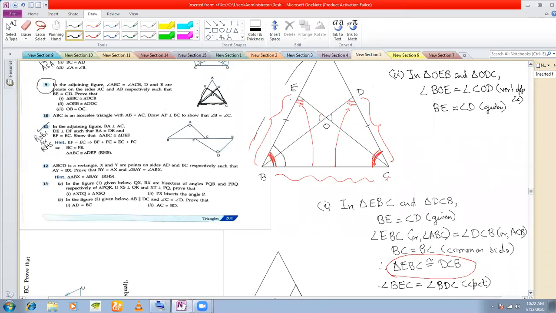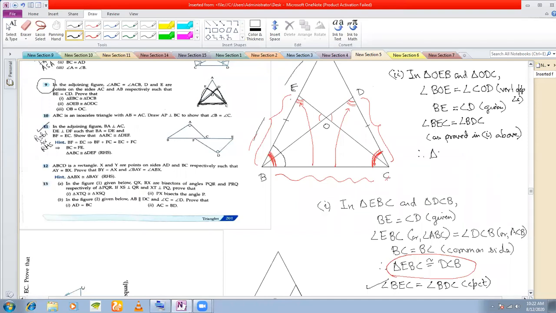And what else? Angle BEC is equal to angle BDC as proved in 1 above.